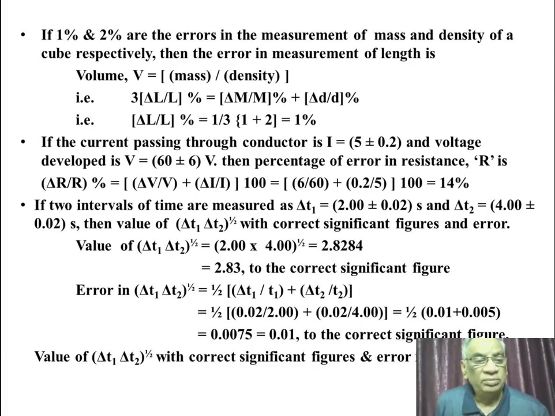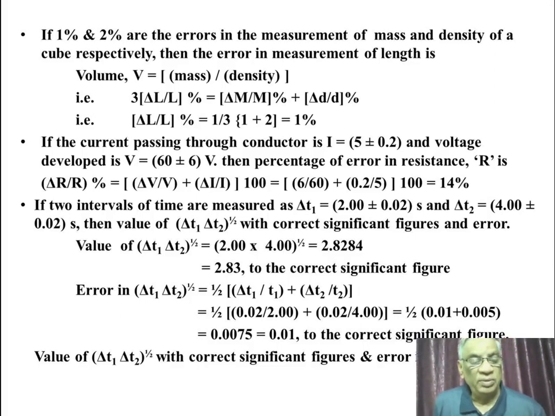And at 2 intervals of time, some parameter is measured: 2 plus or minus 0.02 seconds, and the second time is 4 plus or minus 0.02 seconds. Then you have to find the value of the square root of t1 times t2. So t1 t2 to the power of half is equal to 2 into 4, where t1 is 2 and t2 is 4, actual values, to the power of half.